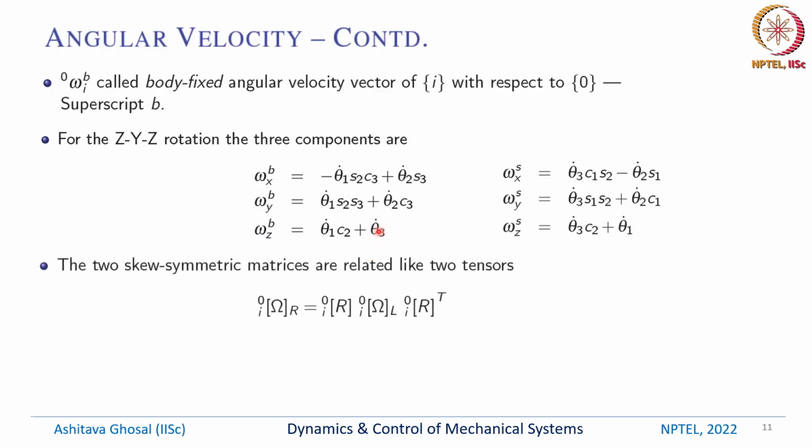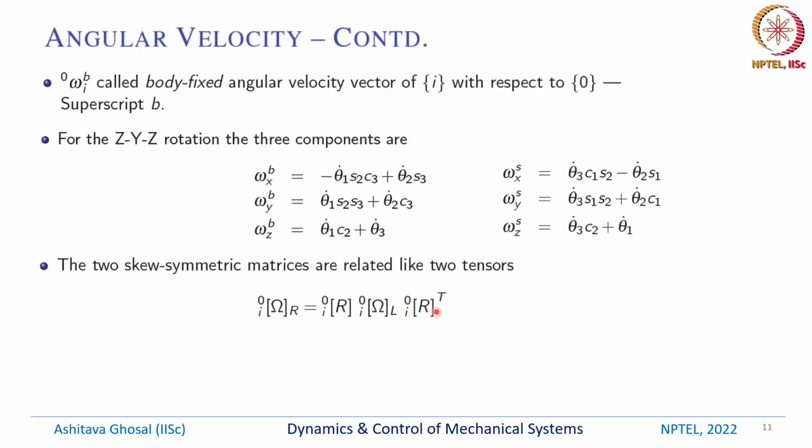It turns out that these two skew-symmetric matrices, the left one and the right one, are related like two tensors. Basically, if you have a tensor in one coordinate system and a tensor in the other coordinate system, you can relate the right one as R into left into R transpose.